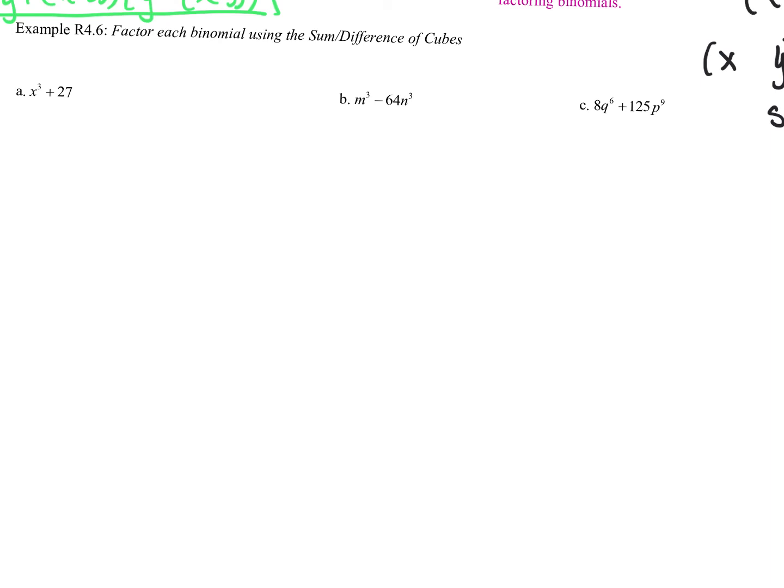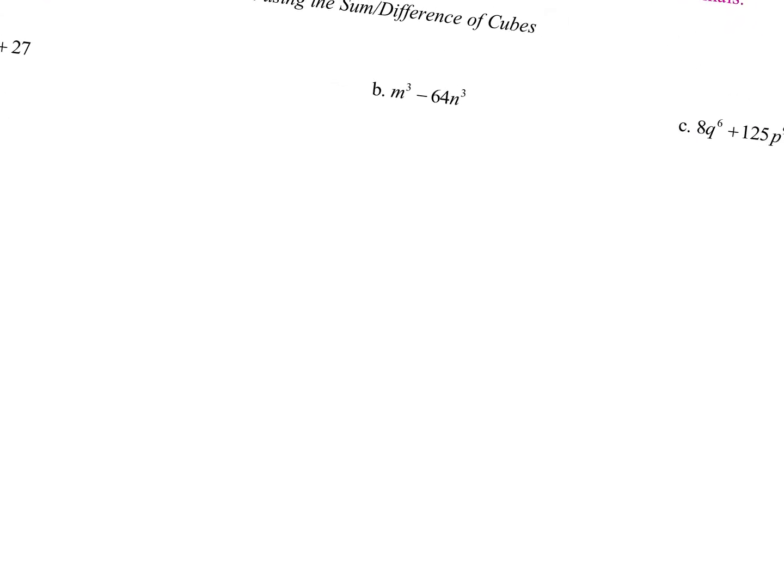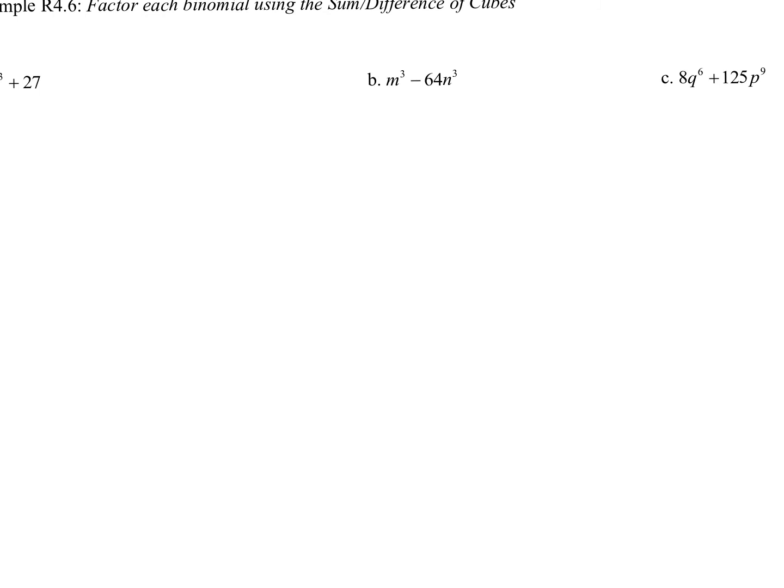And this is going to look like x cubed plus or minus y cubed becomes this thing down here. So if you look right here, x cubed plus this is something cubed.